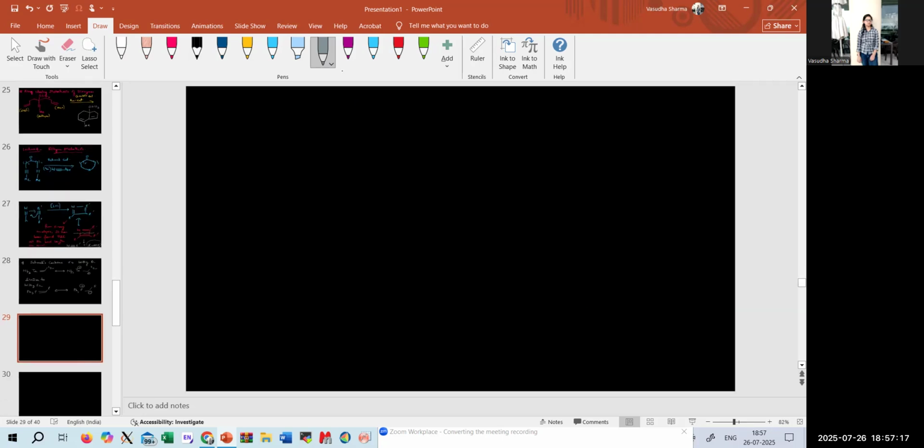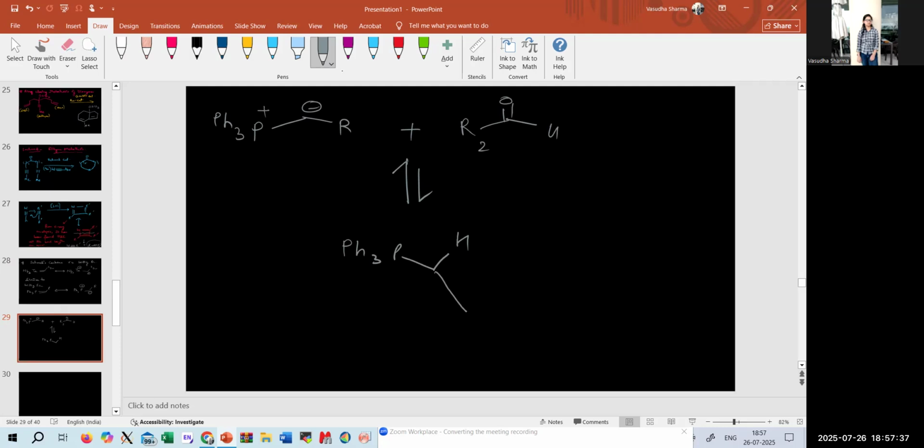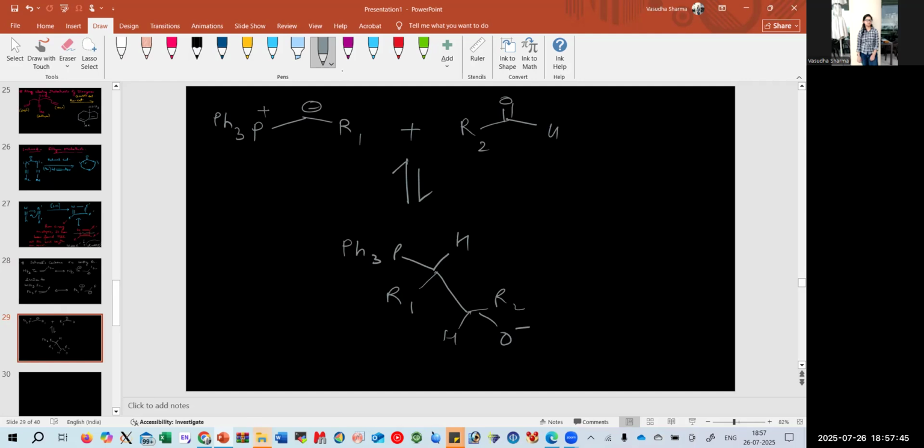And when this PPh3 plus and this minus R group react with a ketone or an aldehyde, this basically forms an intermediate with R1 and R2, H and O minus.